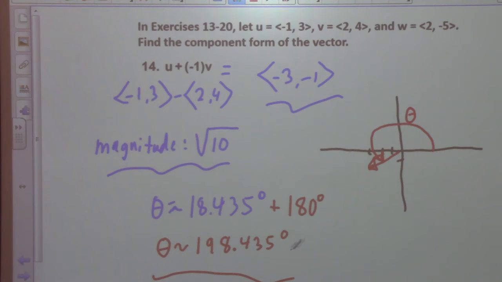Now basically, if your vector happens to be in quadrants 2 or 3, you can just add 180 to it, and it'll get it right for you. That's in quadrants 2 and 3. All right, thank you, Carmen. I'm going to call on somebody for 15 in a minute here.